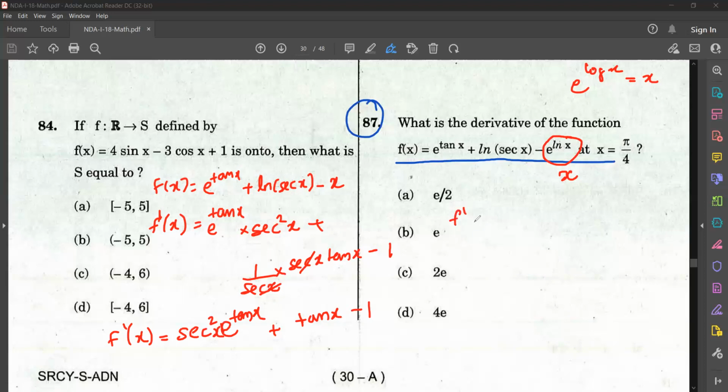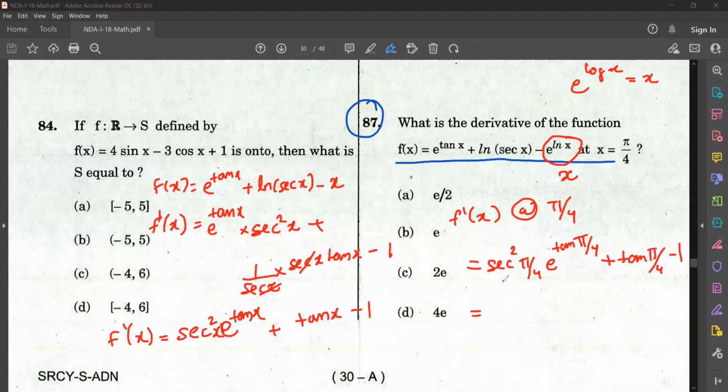So f dash of x at pi by 4 is sec square pi by 4 into e raised to tan pi by 4 plus tan pi by 4 minus 1.